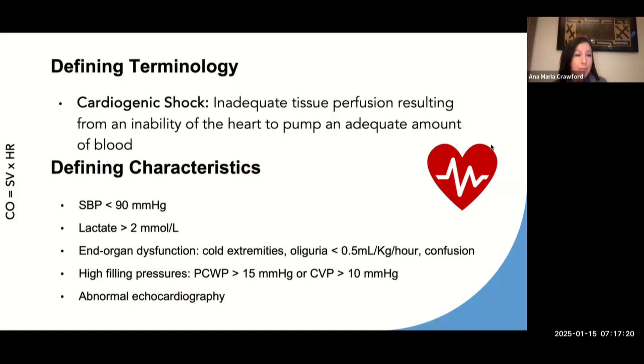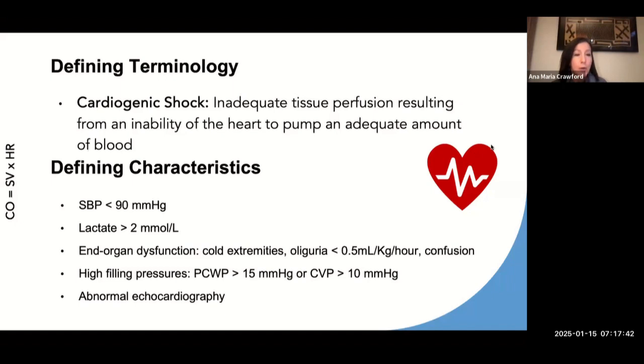You'll see evidence of end organ dysfunction. So you may have cold extremities, you may have a decrease in your urine output, which we call oliguria, which means that the urine output is less than 0.5 milliliters per kilogram per hour. And then confusion can also be a symptom of decreased perfusion.